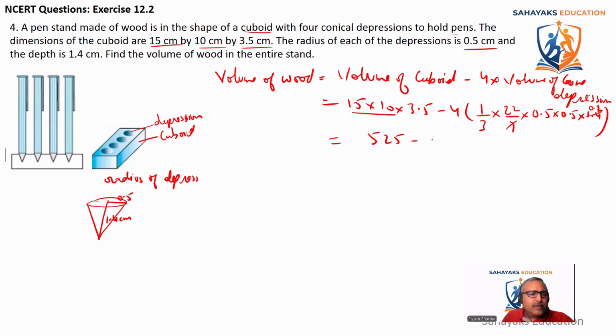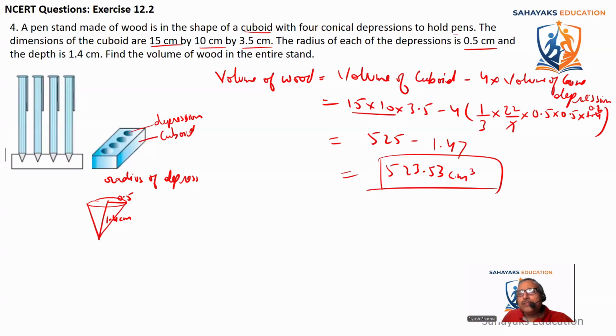It comes as 1.47 approximately. If I subtract it from 525, it comes out to be 523.53 centimeter cube. This is the total wood required, or basically this is the volume of the wood, 523.53 centimeter cube. Good question.